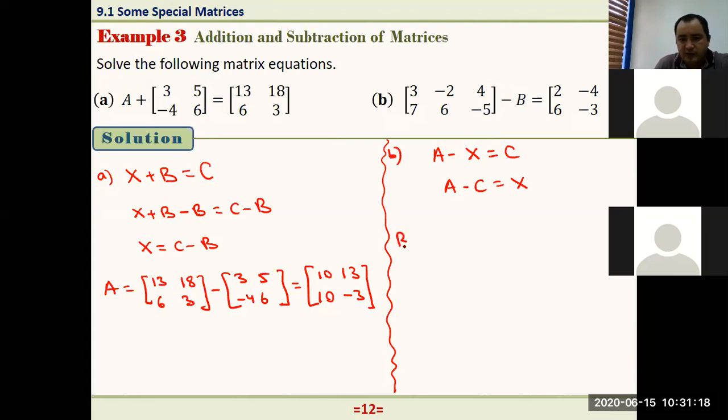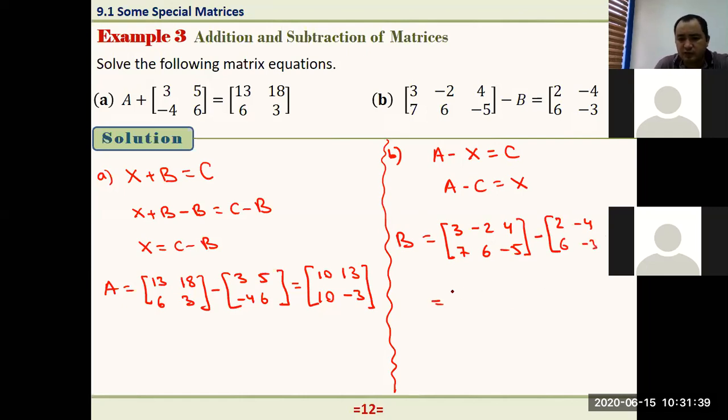Here we have B is equal to 3, negative 2, 4, 7, 6, and negative 5. To this side, minus 2, negative 4, 9, 6, minus 3, 4, right?